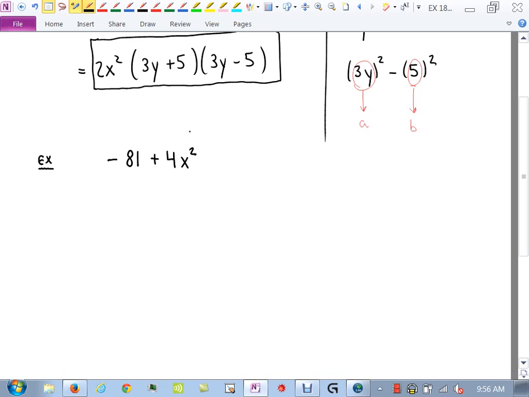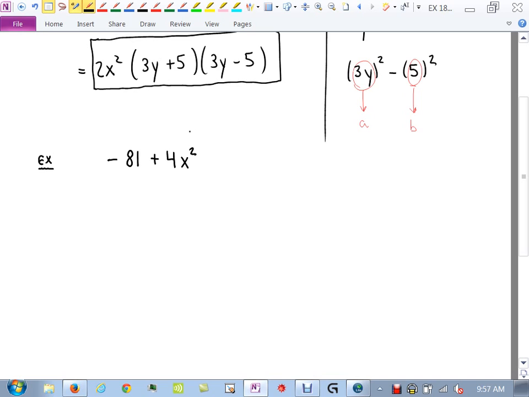This looks like you have two terms, right? You don't have a GCF here. So the only thing we know up to this point is that if we have two terms and we've pulled GCF out, we can just look at those two terms and ask ourselves, is it a difference of two squares? Well, you might be thinking no because there's a plus sign between them, right?